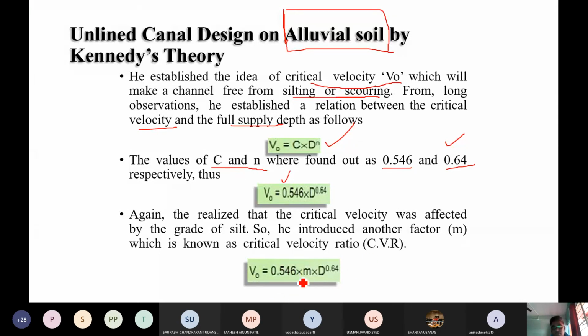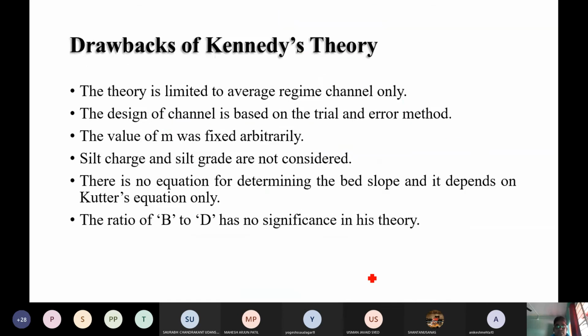Therefore, it is introduced in this equation. So the critical velocity is equal to 0.546 into the m parameter, that is the CVR, into D raised to 0.64. This equation is also utilized in the case of the unlined canal on alluvial soil.